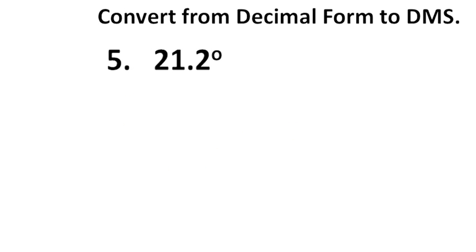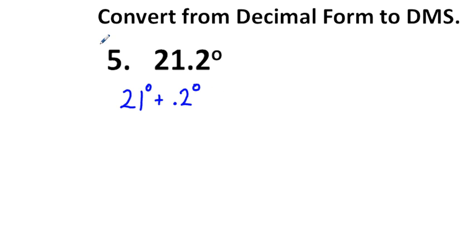Next, the next set here, 5 through 8, has to do with converting from decimal form to DMS, degrees, minutes, seconds. We're going to use the same conversion factors we did for problems 1 through 4, but working in the opposite direction. We're going to have 21 degrees plus 0.2 degrees.